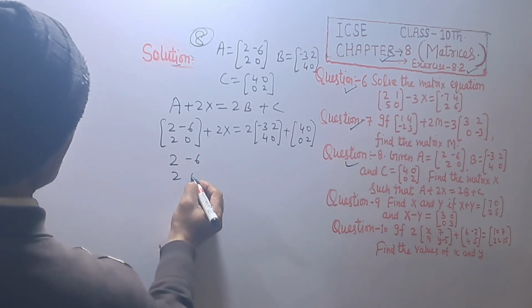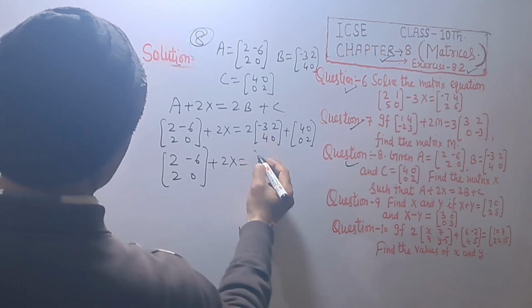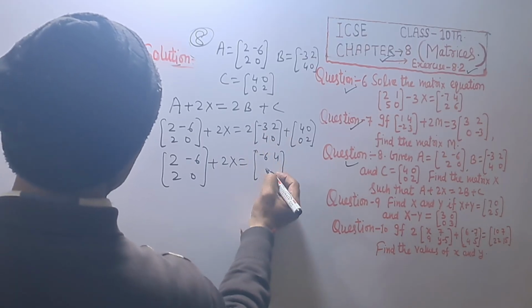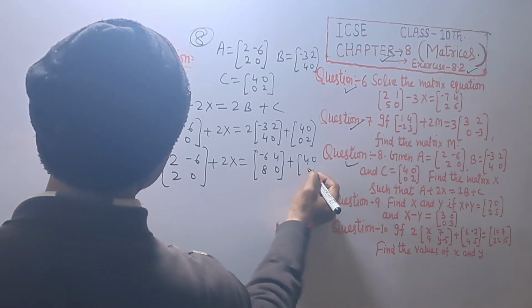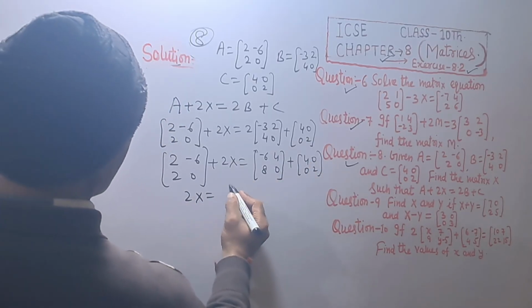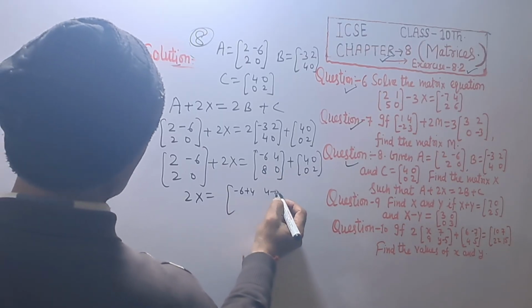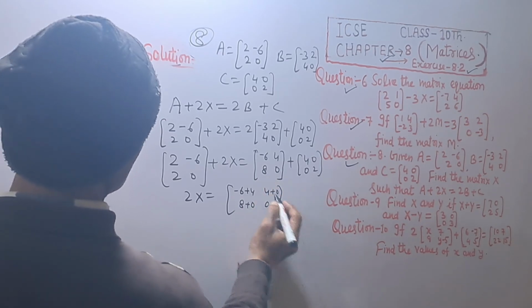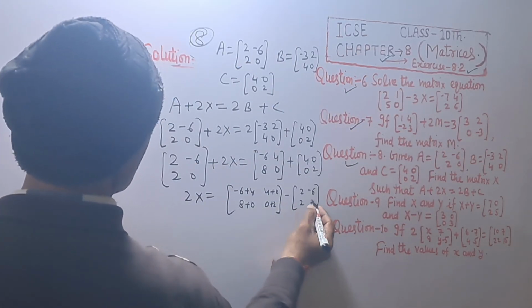[2, -6; 2, 0] as it is, plus 2x equal to 2 3s are minus 6, 2 2s are 4, 2 4s are 8, 2 into 0 is 0, and [4, 0; 0, 2] as it is. And 2x equal to minus 6 plus 4, 4 plus 0, 8 plus 0, and 0 plus 2, and shifting to the right side this will be negative [2, -6; 2, 0].